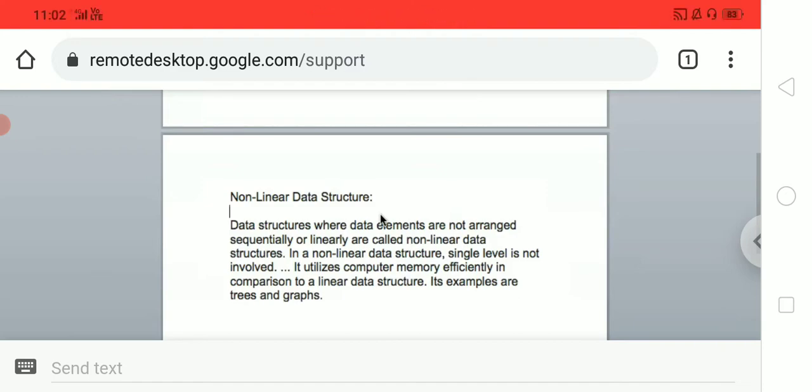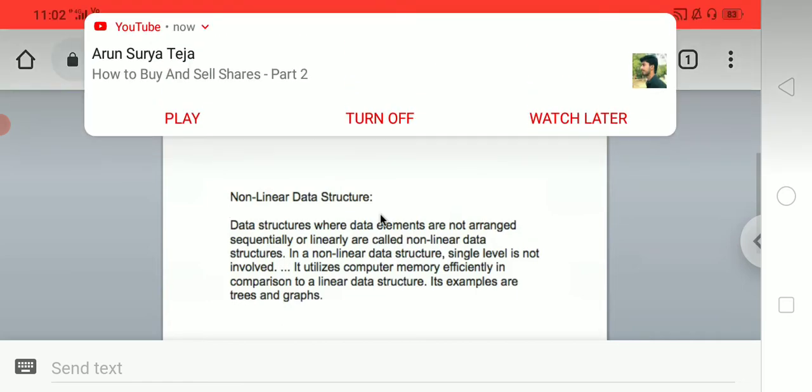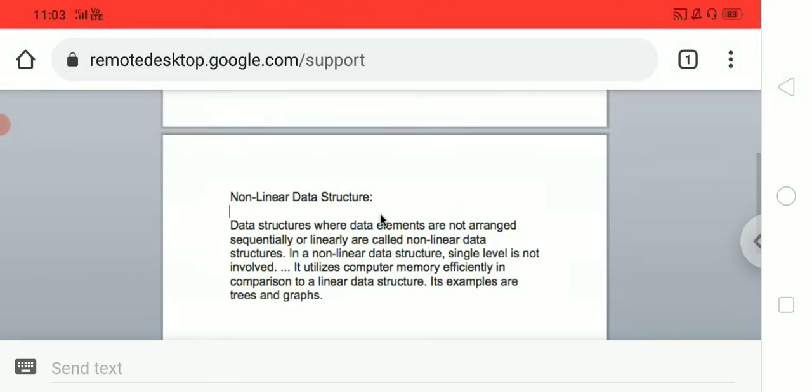When we compare this to linear data structures, all the data will be stored in a close relation. When we take arrays, all the data elements are stored in contiguous format. When we take stacks, the data is not stored in contiguous format, but all the data elements are in close relation.